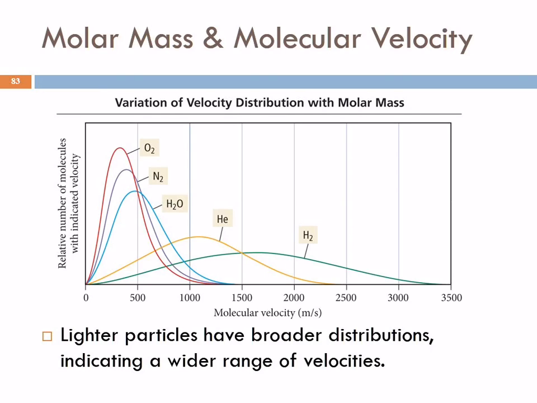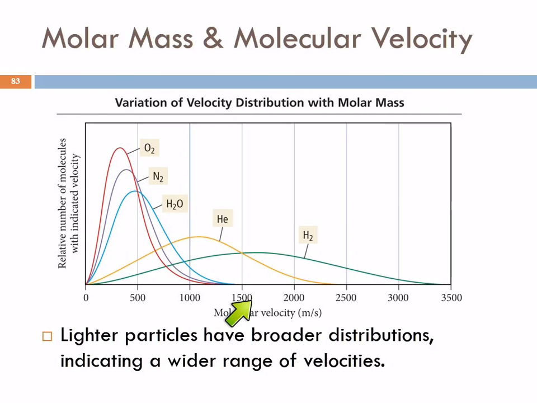Yes? Is there an explanation for why they're so different in speeds? There is an explanation. The explanation for the difference in average speeds is that root mean square velocity equation that we just looked at. So hydrogen's just unpredictable because it's so light? Well, it's not that it's unpredictable.